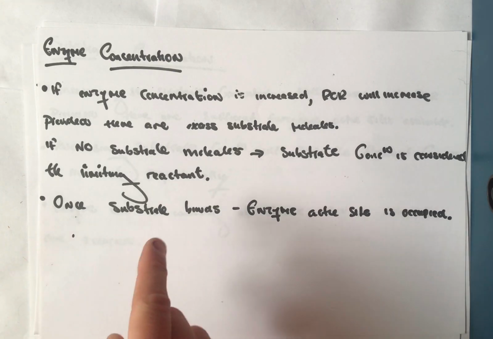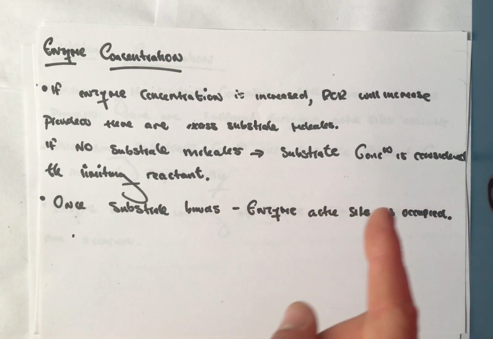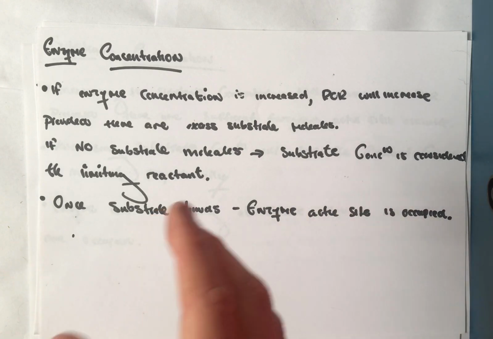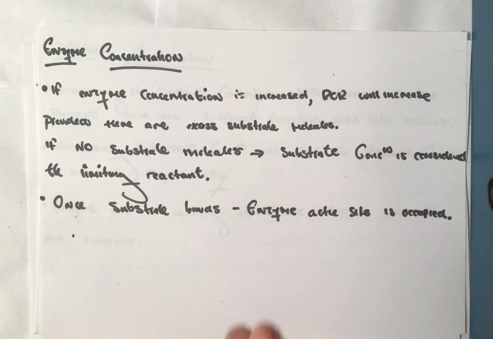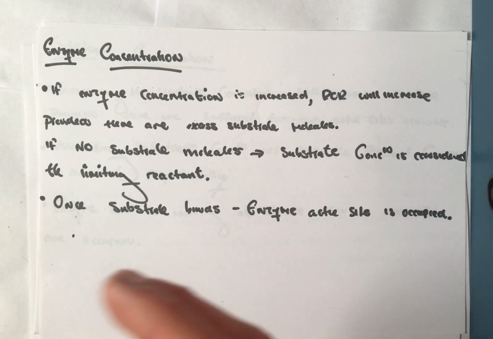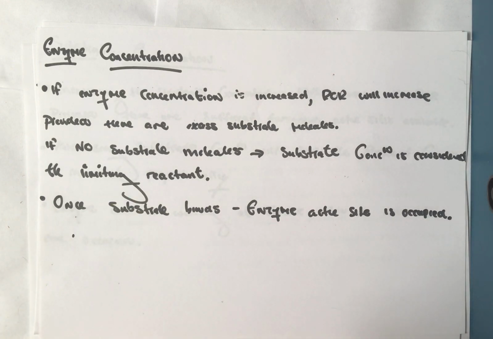Once the substrate binds, the enzyme site is occupied and it's unable to be occupied by another substrate molecule, if that makes sense. Therefore, the rate of reaction is proportional to the amount of substrate molecules and the concentration of the enzymes.